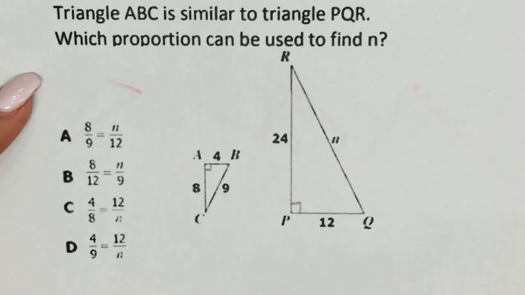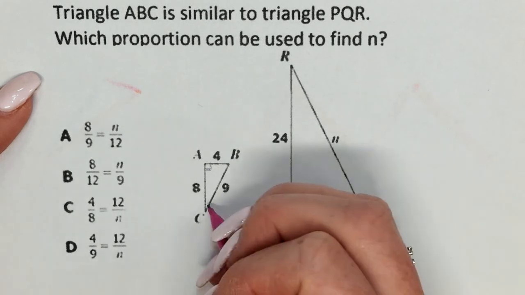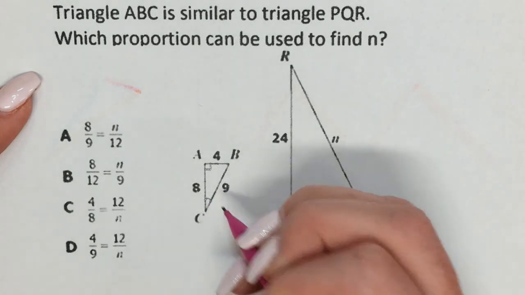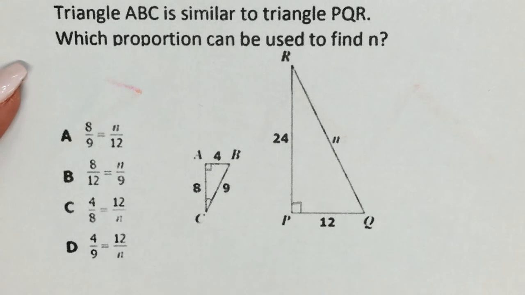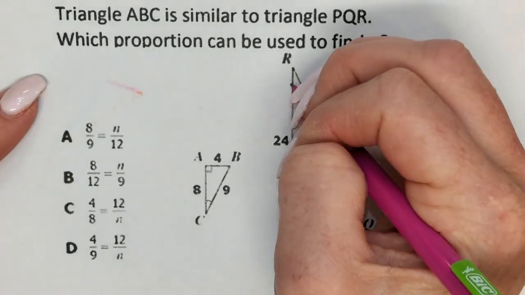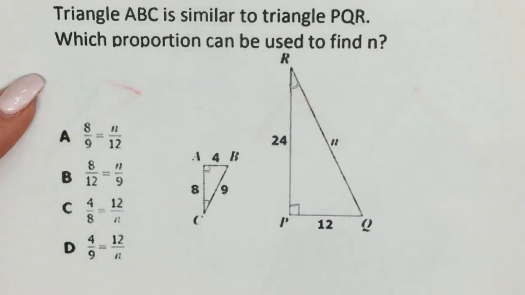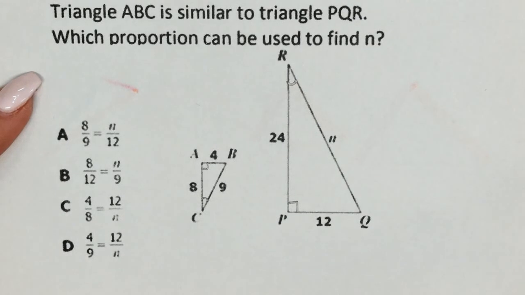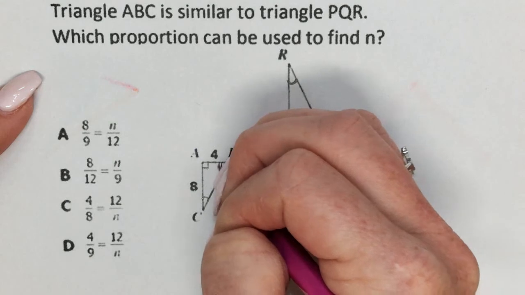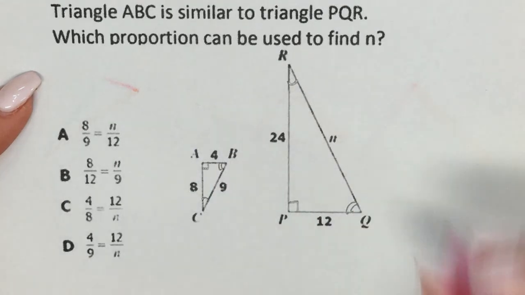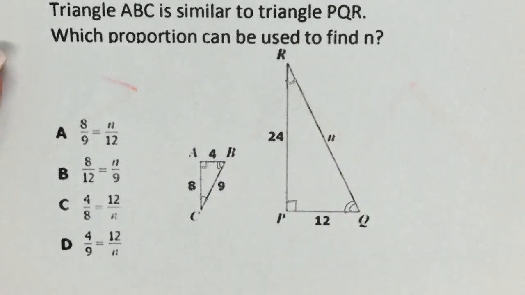All right, which angle do you think corresponds with angle C? Angle R. Which side corresponds with B? Q. And so I'm going to put 2 dashes to separate them. And now I'm going to go color coordinate.